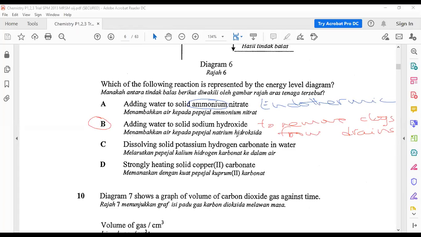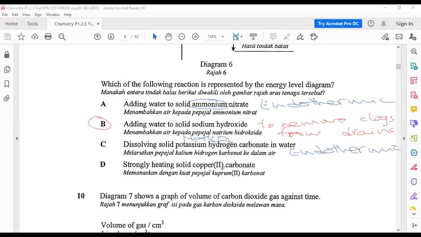Now, for this potassium hydrogen carbonate, in our lesson yesterday in the evening, we talked about dissolving the solid sodium hydrogen carbonate. Same thing. It's just that we change the cation from the sodium to become the potassium ion. It is still an endothermic reaction. And the last one we were talking about, heating the solid copper 2 carbonate.